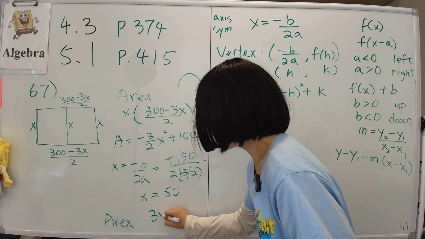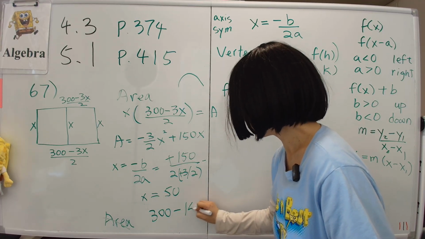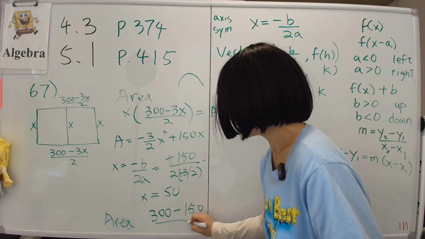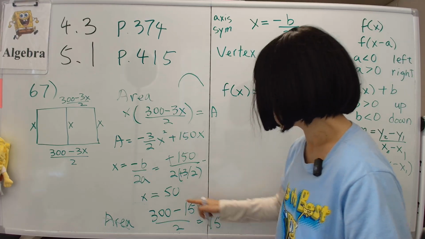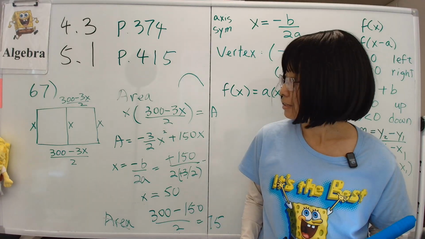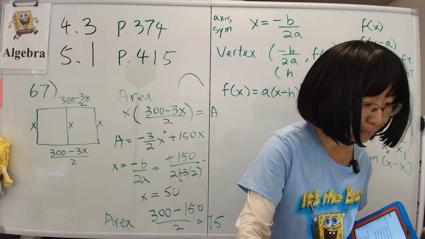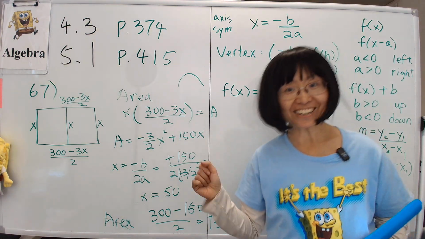So the length is 300 minus 3 times 50, which is 150, divided by 2, and that gives us 75. So the dimensions should be 50 by 75. And that is problem 67, so let me check. Yep, that is correct.